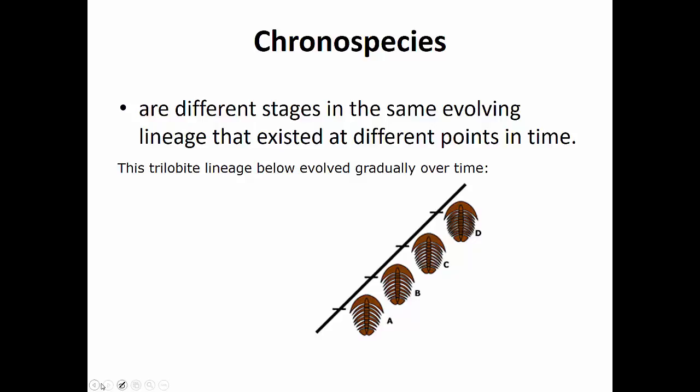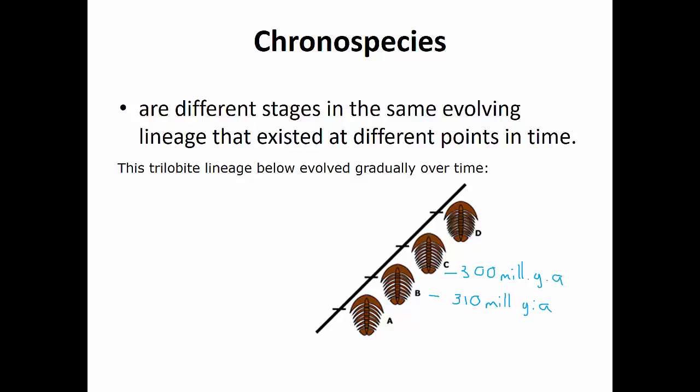For example, it's not really possible or very meaningful to figure out whether a trilobite that lived maybe here, at 300 million years ago, interbred with its ancestors that lived here at 310 million years ago. That just doesn't even make sense.